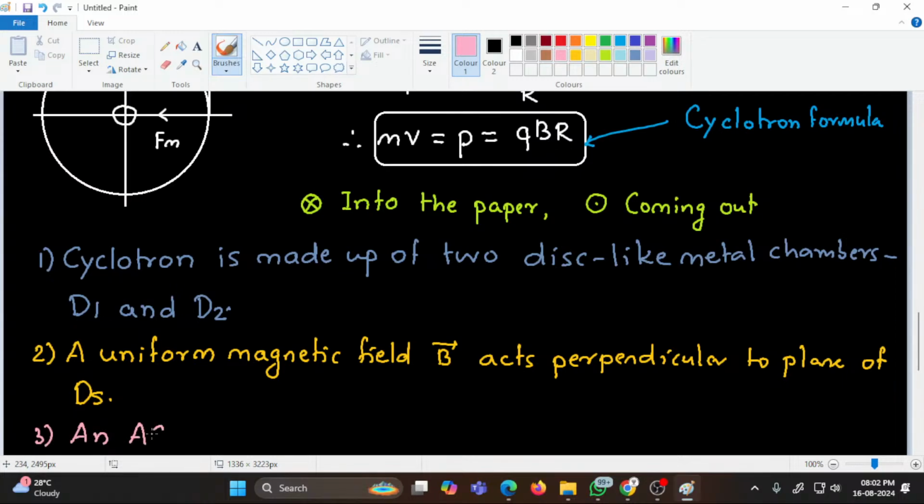An alternating voltage, AC voltage, very high voltage 10,000 volt, very high frequency 10 megahertz, is applied between the two Ds.